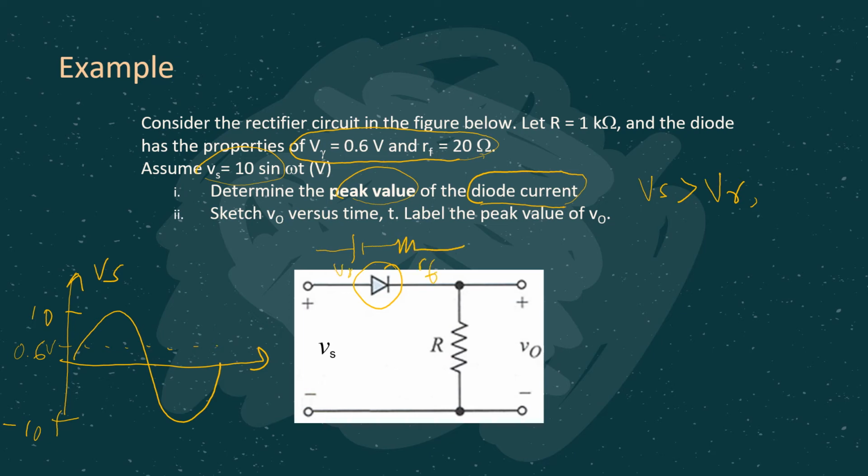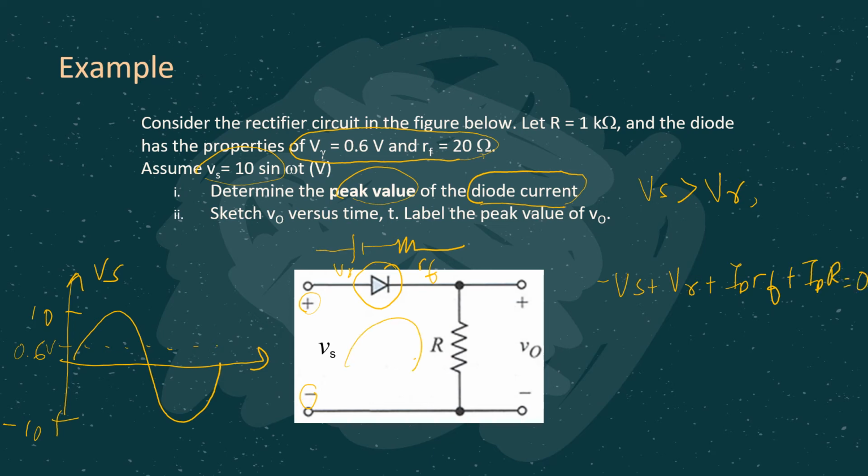So in this case, our KVL equation would be, remember we are considering the positive half cycle, positive Vs and negative Vs like this. The KVL equation is negative Vs plus V gamma plus ID RF plus ID R equals 0.